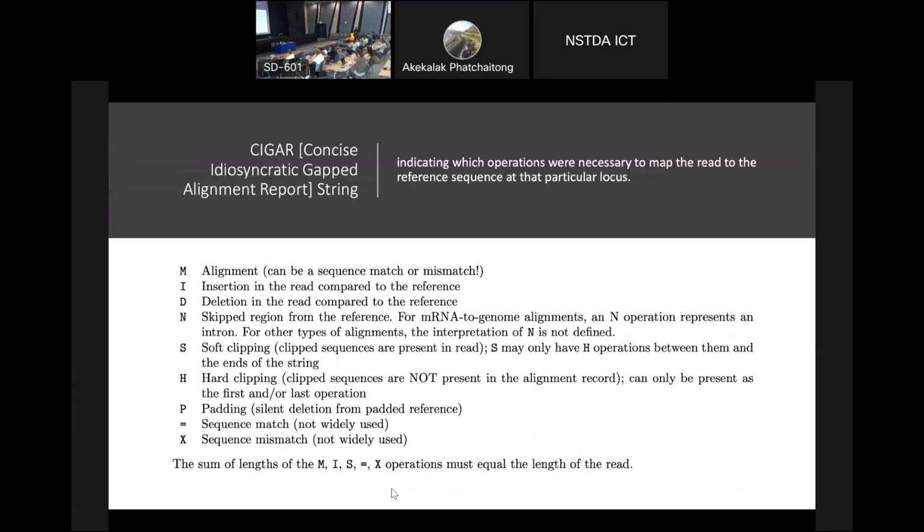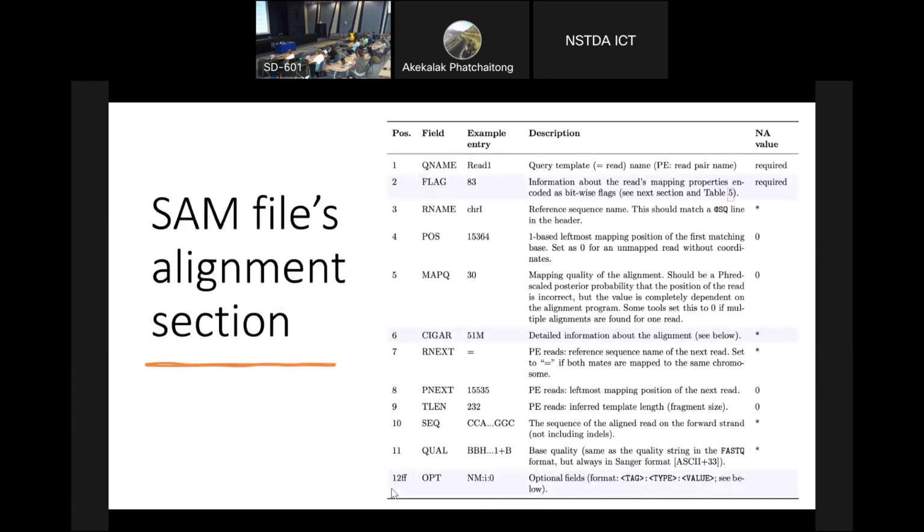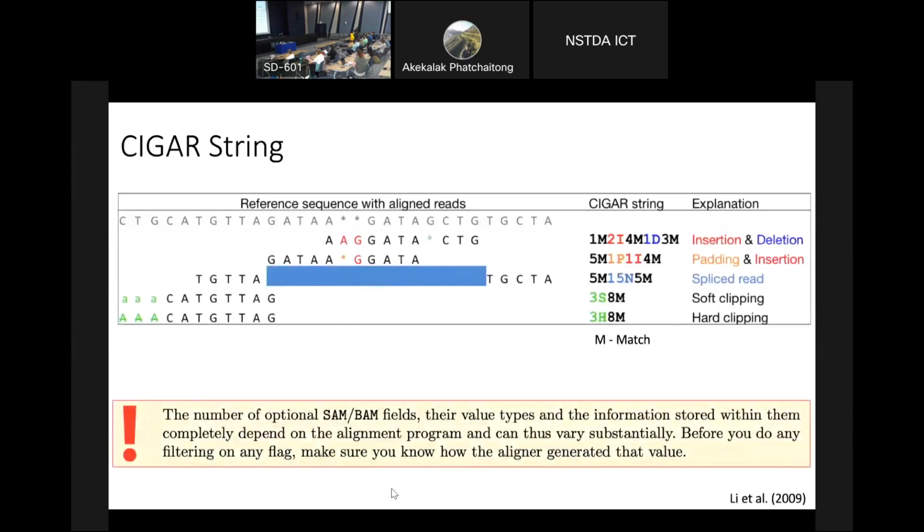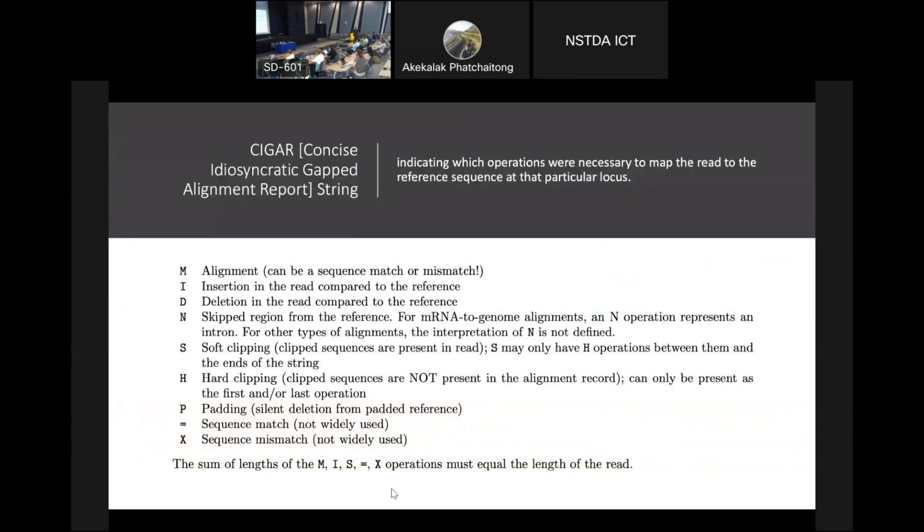Then there's another component here called CIGAR, which gives you detailed information about the alignment itself. That also has a particular format that it uses to present the information. M is for alignment, but M can also be match or mismatch, I is for insertion, and so on.